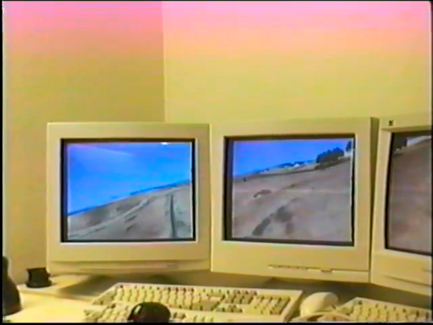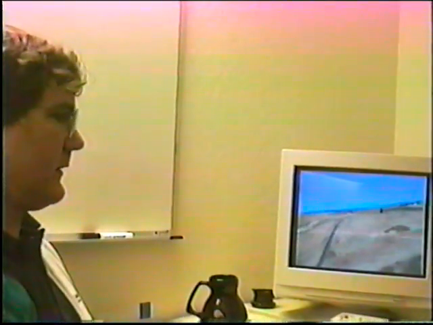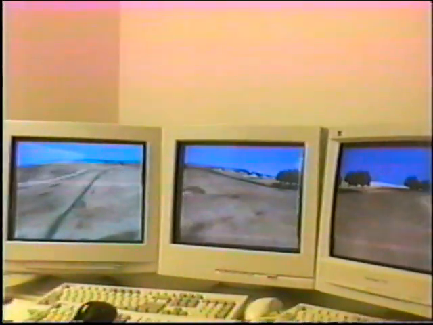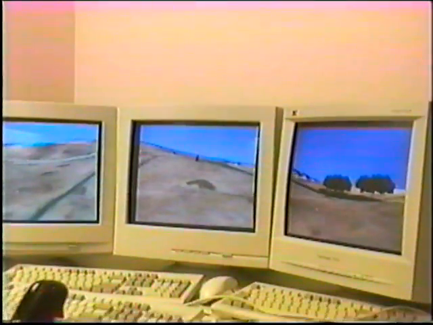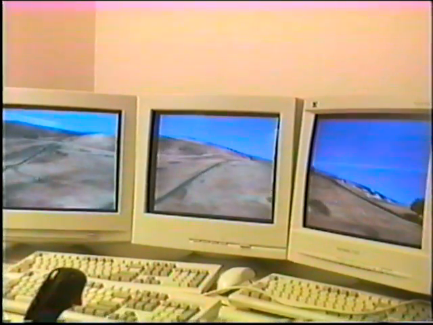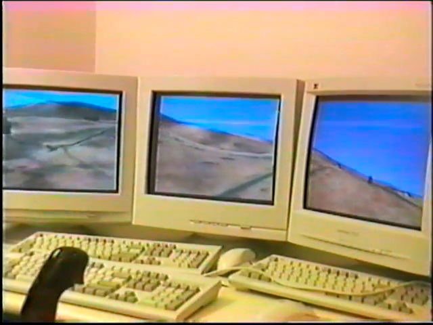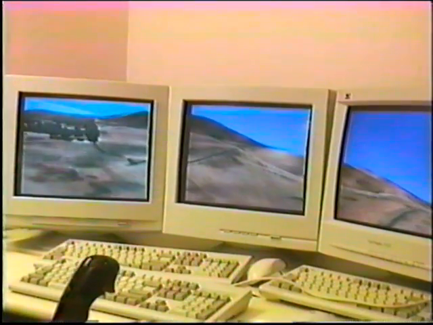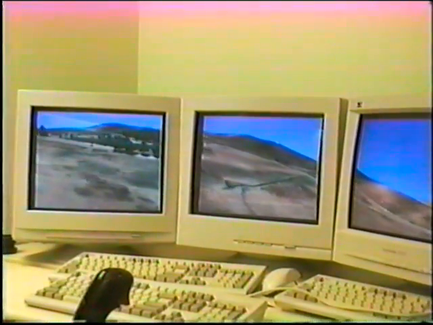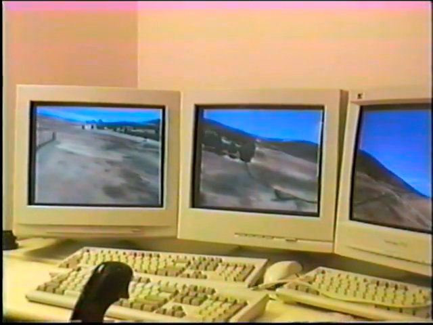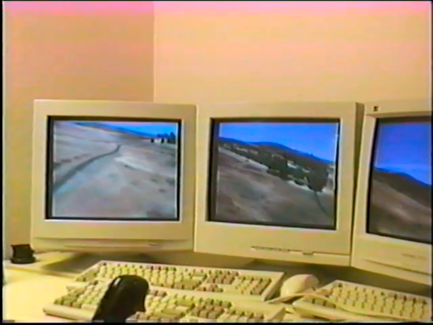Now we have a real improvement in graphics cards over this one. This particular graphics card has been replaced with a newer type graphics card, which I haven't put into the PC and worked with yet, but I just got a demo of it this morning. So I expect with the new card, it's going to be much better.